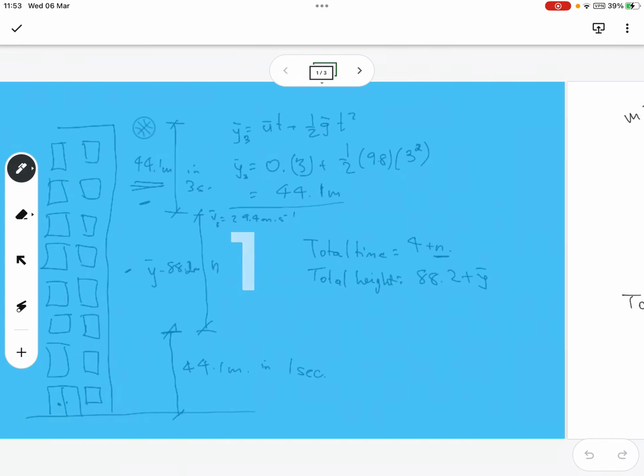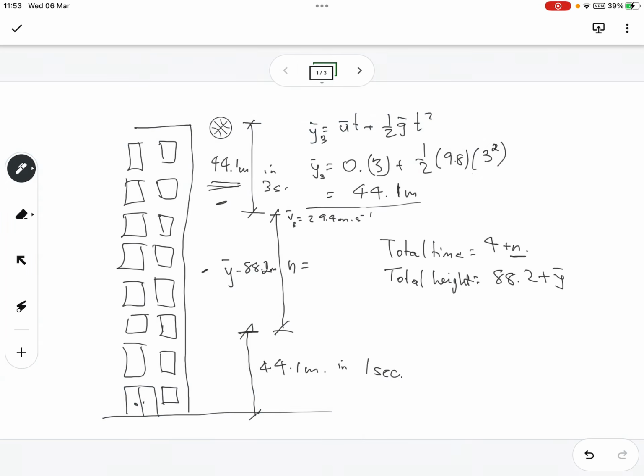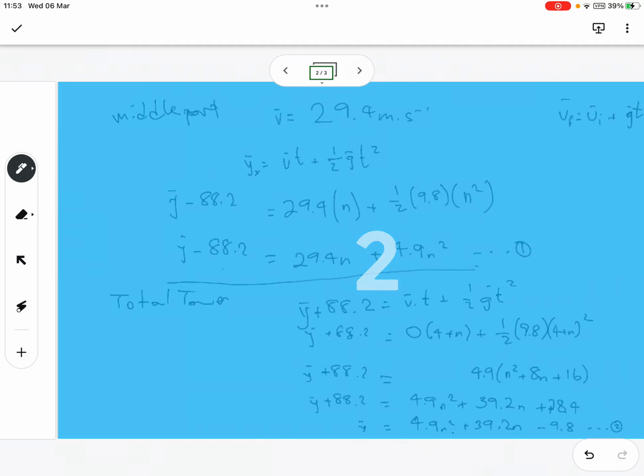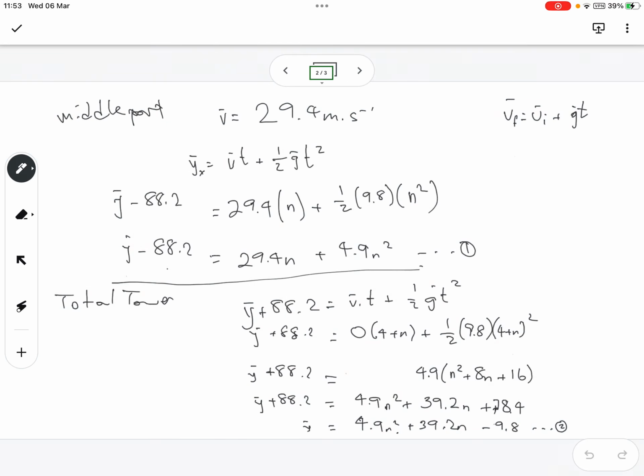Interesting. Now let's use that time to work out this distance y. We can substitute back there.